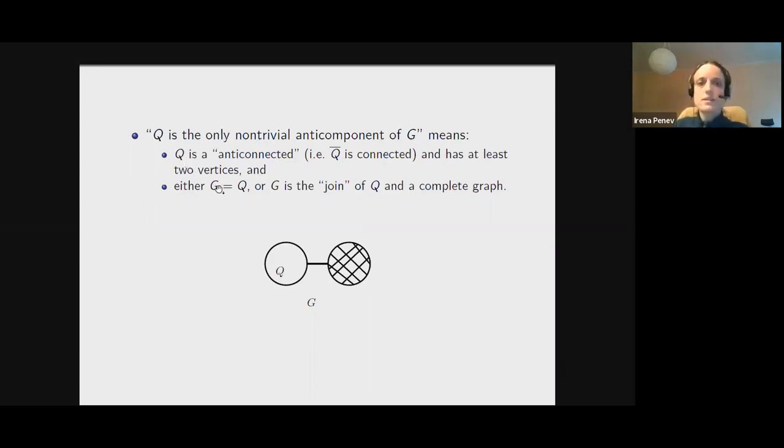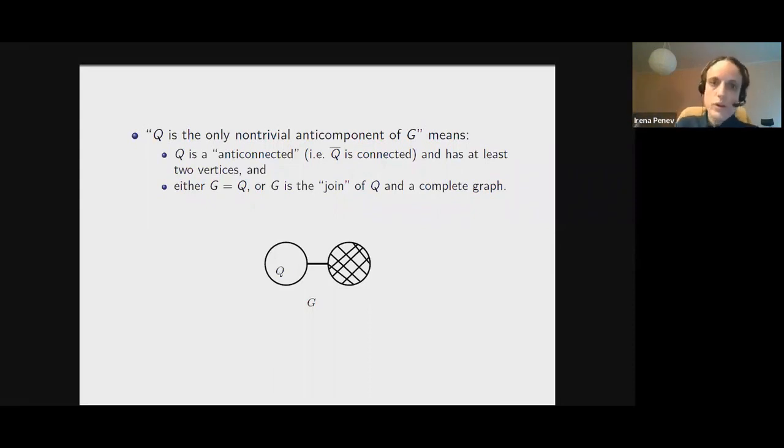And the second thing that it means is that this graph Q, well, either the big graph G is actually equal to this only anti-component Q, or I can obtain G by taking this Q and then adding a clique and then adding all possible edges between Q and the clique. So you will hear me say this repeatedly.